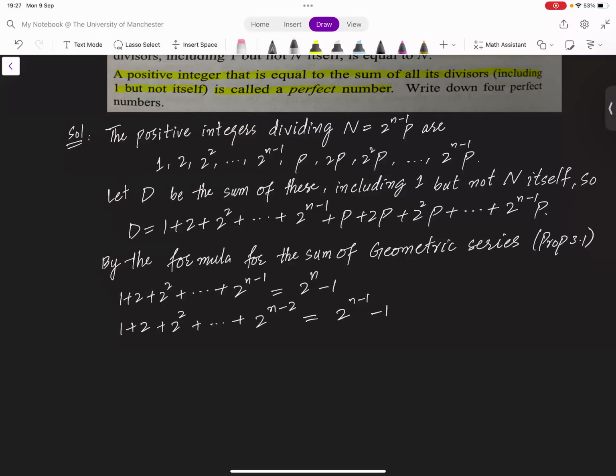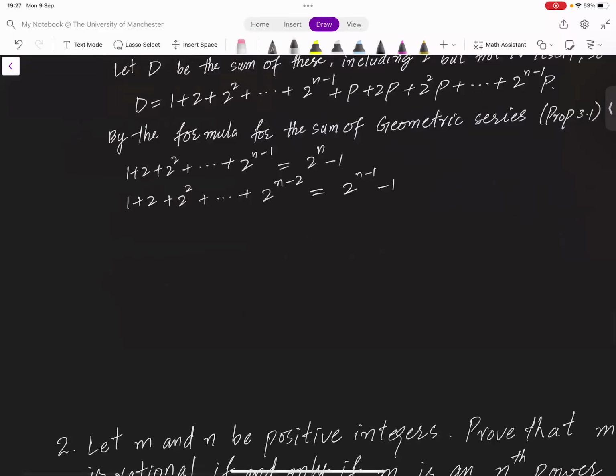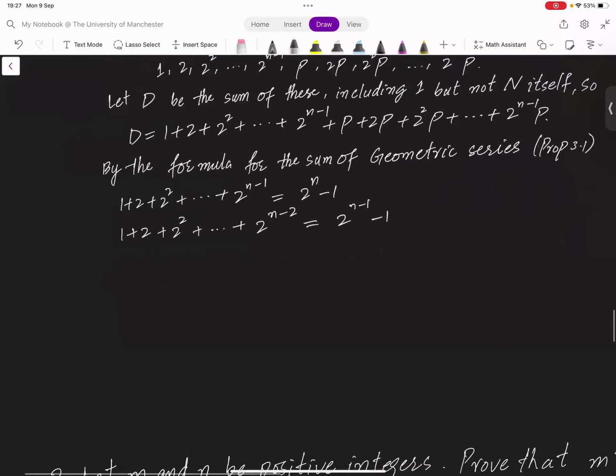Perfect. Then hence d is the sum. d is nothing but 2 power n minus 1 plus p into 2 power n minus 1 minus 1.